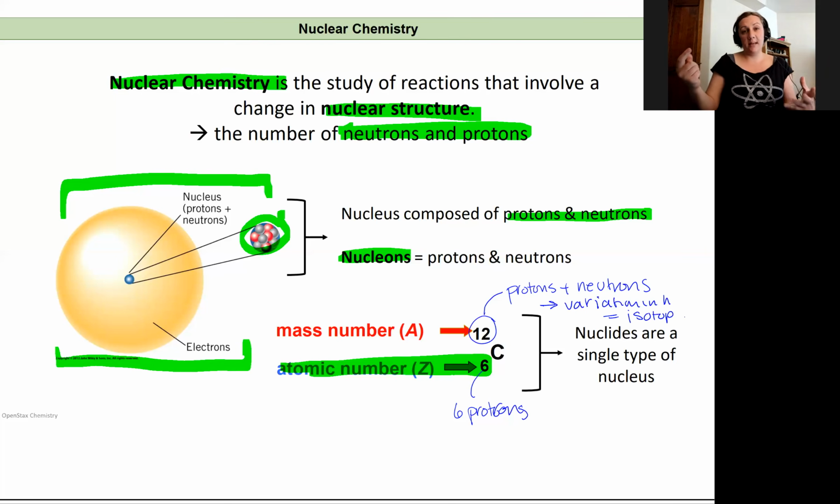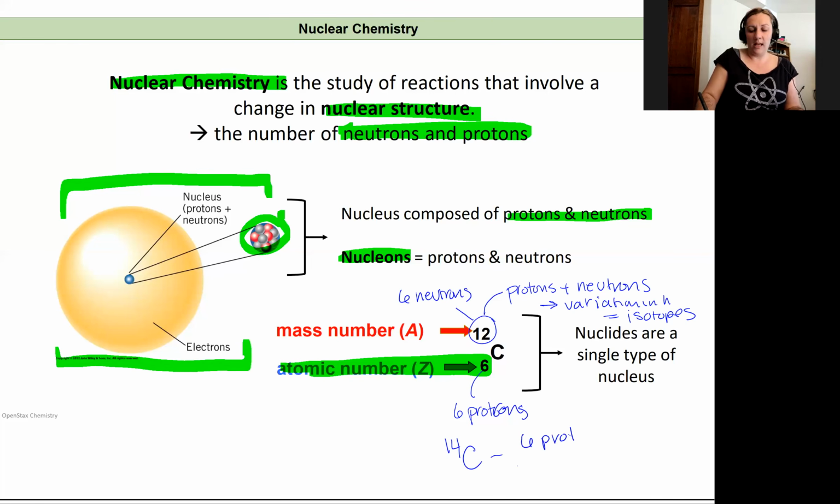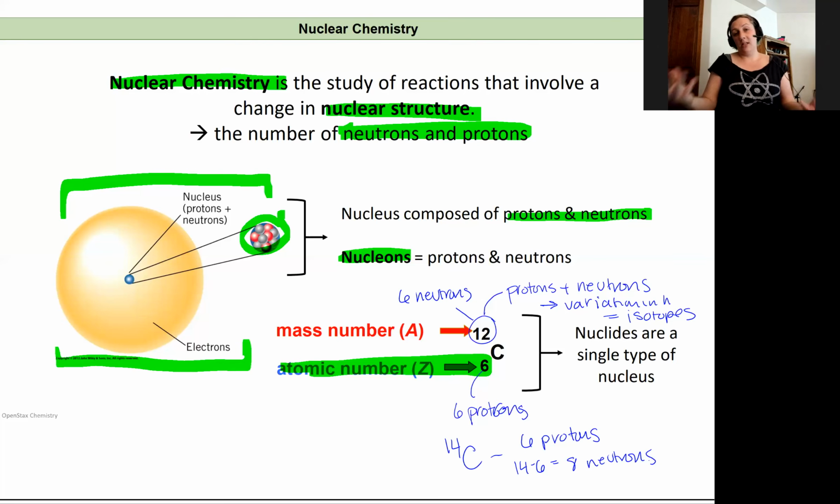And so an example of an isotope of carbon is carbon-12. It has 6 protons and it has 6 neutrons. A different isotope of carbon is carbon-14, which has 6 protons because it's carbon, and 14 minus 6, which equals 8 neutrons. And so we have a different number of neutrons, we have a different isotope.